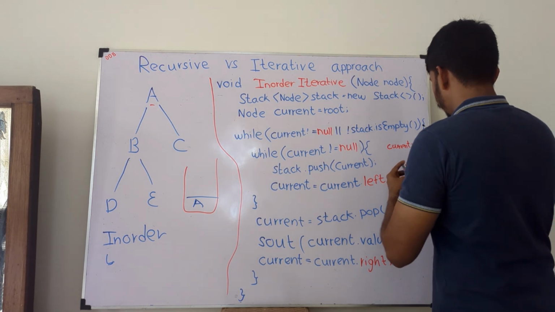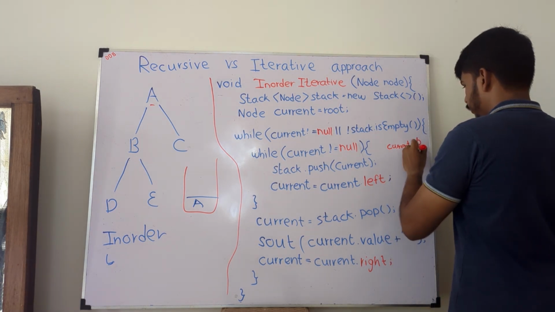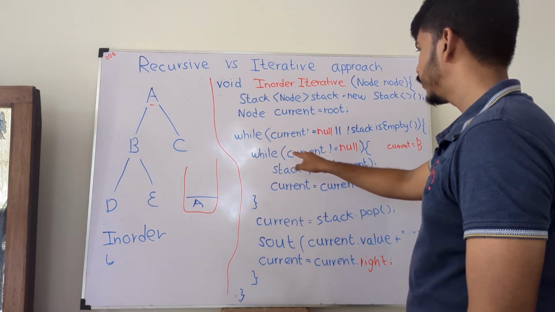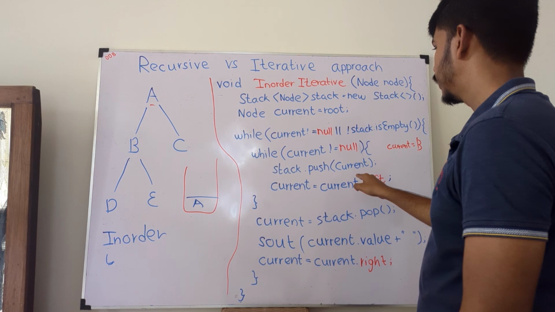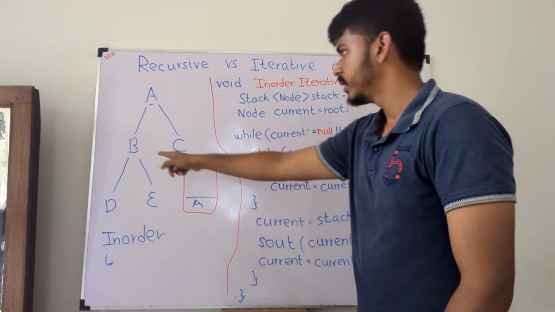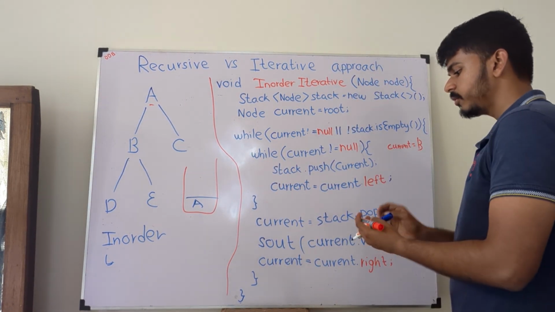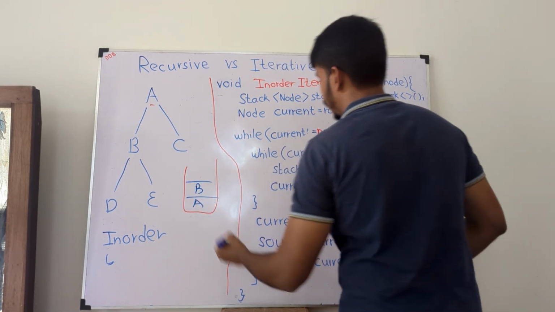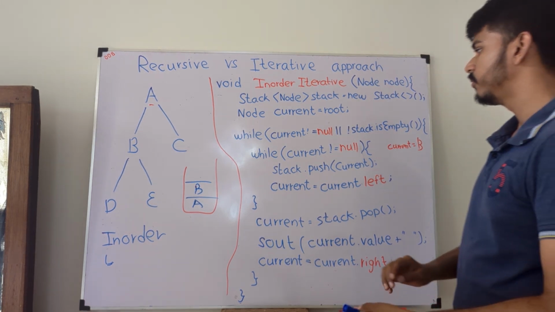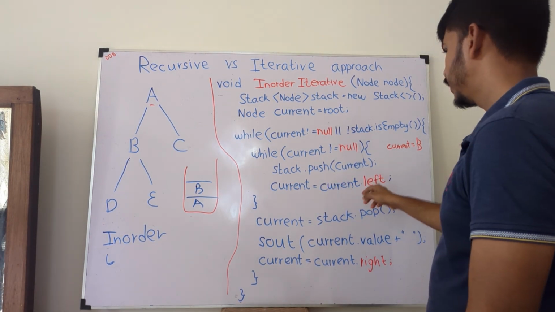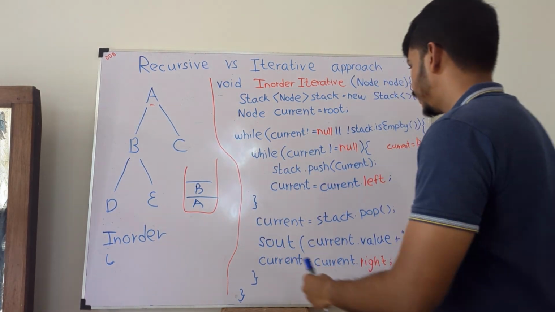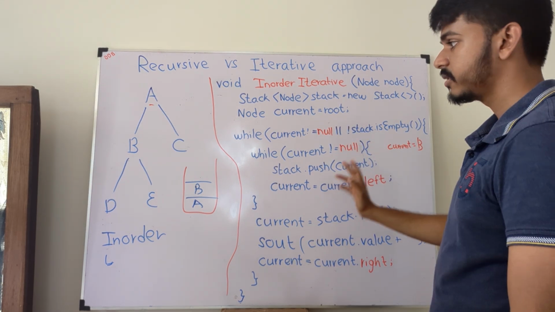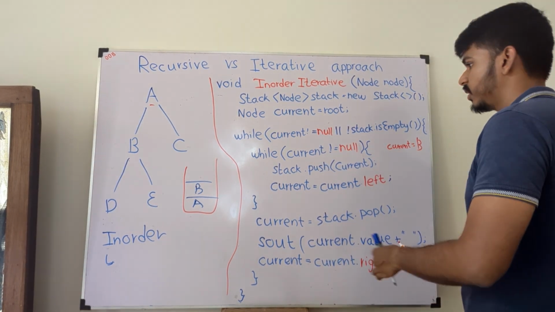Going to the while loop again, current is not null because it is B, so B is also pushed into the stack. Then current dot left: B's left child is D, which becomes the new current. It is not null, so it is also pushed into the stack.